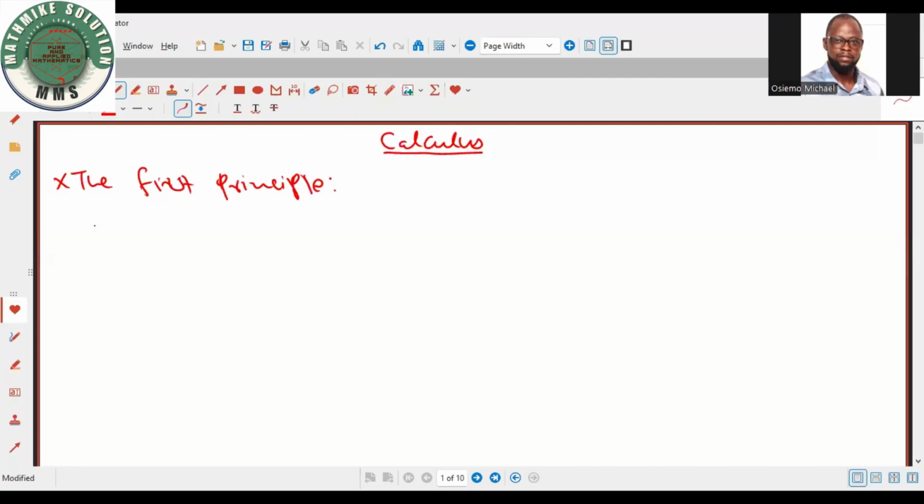And I left an exercise: to find the derivative, f prime of x, using the first principle, given f of x is equal to x squared minus 1 over x plus 1.